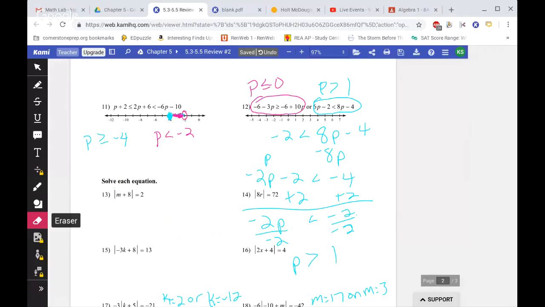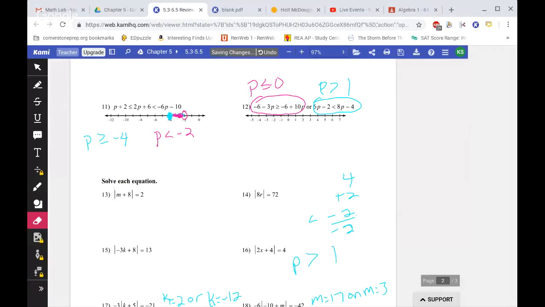For the graphing part, it can be one or the other, so we need to make sure both pieces are represented on our number line. So p is greater than 1.